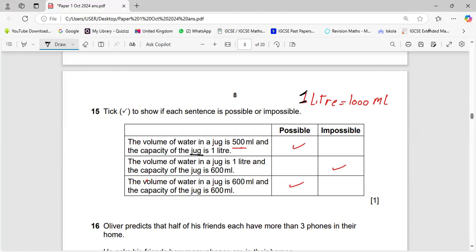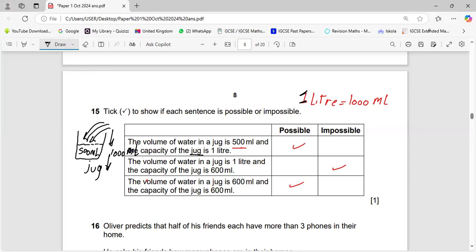Is it possible or impossible that you have this water in this jug? The jug is 1 liter, and we pour about 500 milliliters. We have 1 liter, and 1 liter equals 1,000 milliliters. It's possible, yes, it's correct, possible.